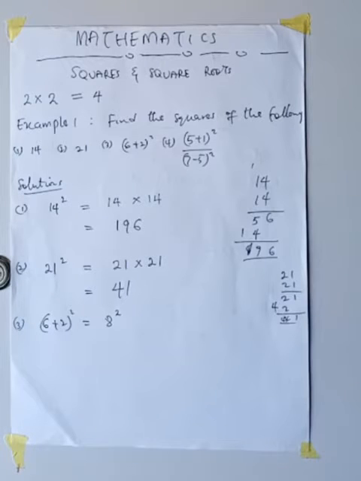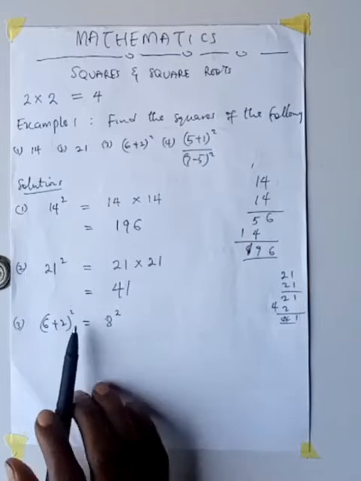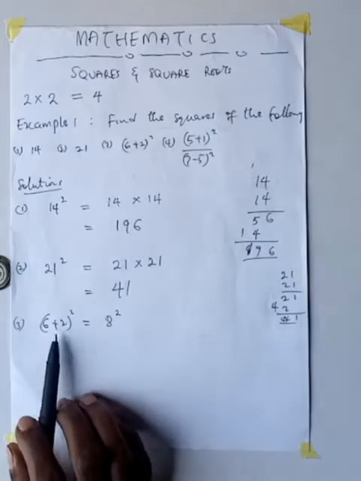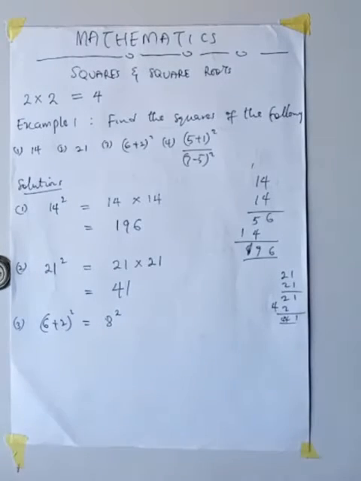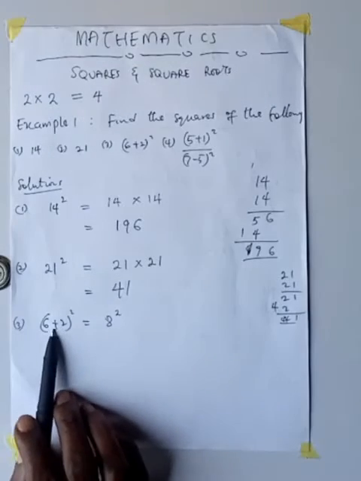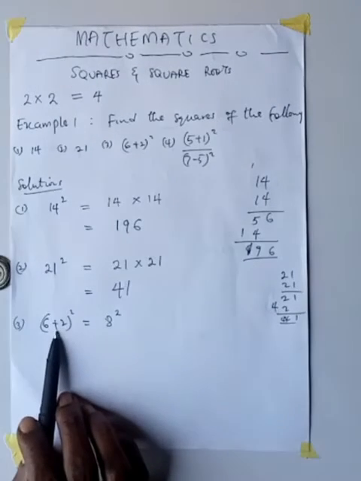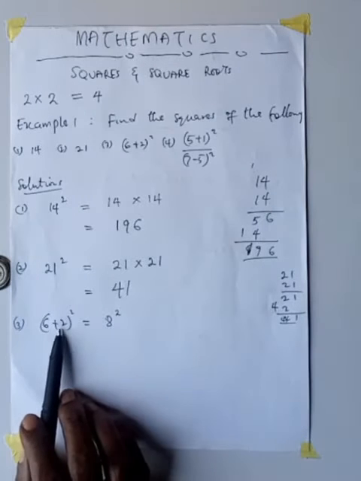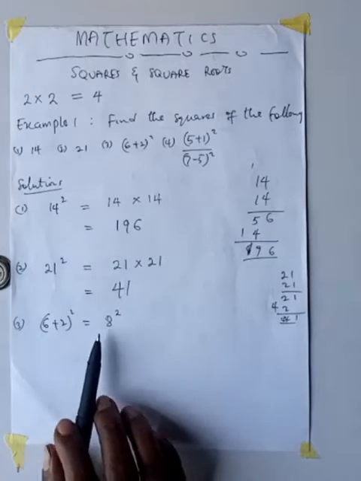Because to find the square of any number, it must be a single number, but what we have to find the square of here is more than 1 digit. So we must find a way of combining the two numbers first. By the operational symbol here, we should add, and the result is 8.